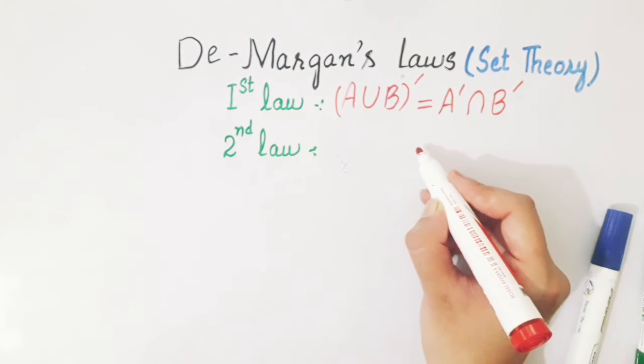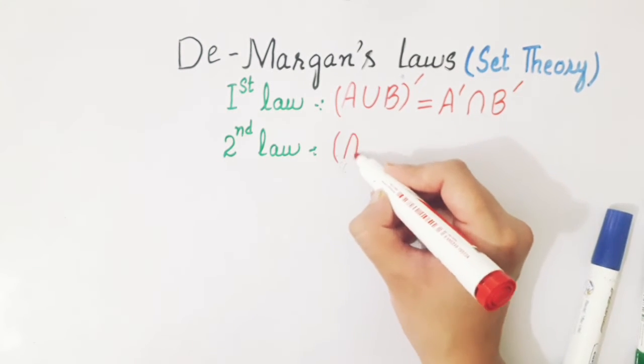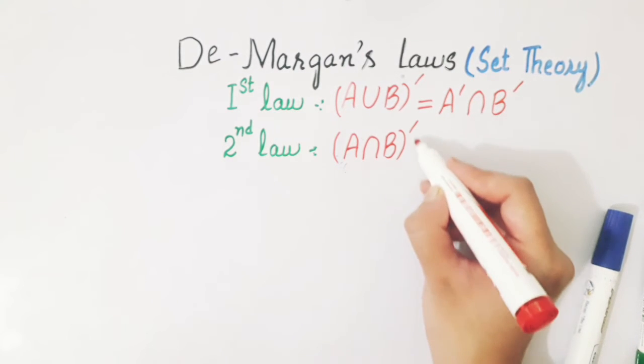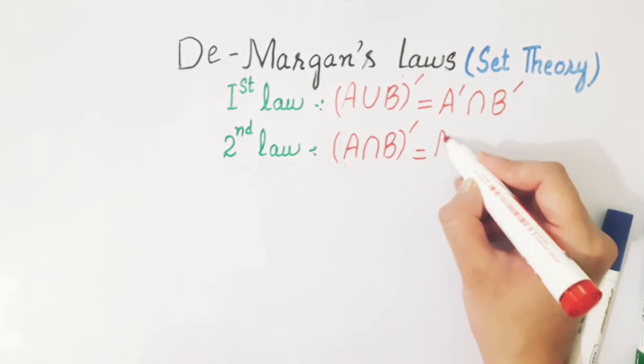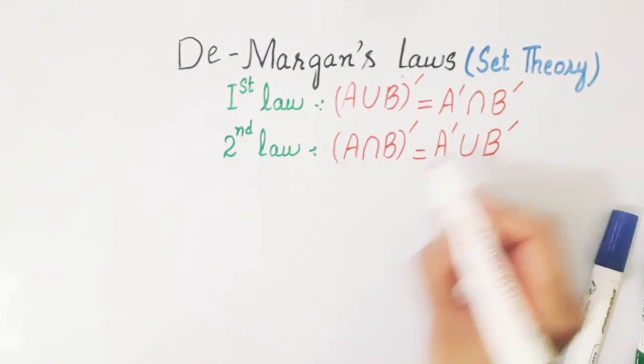This is the first law. And the second law is (A intersection B) whole complement equals A complement union B complement.